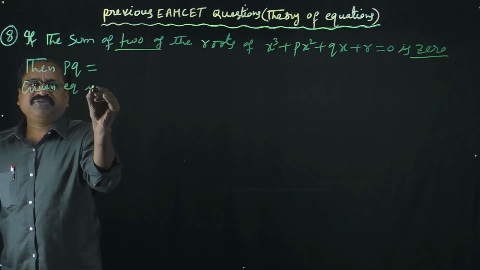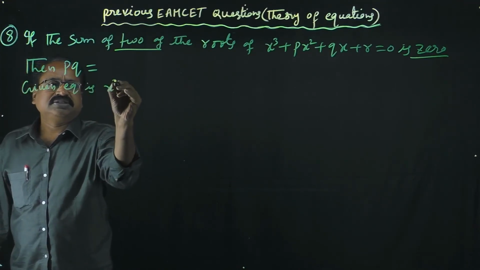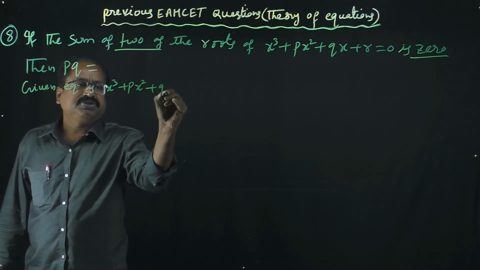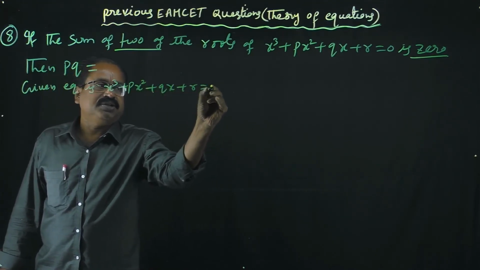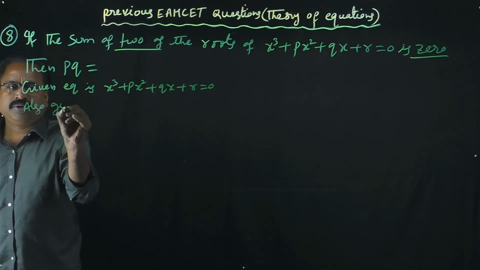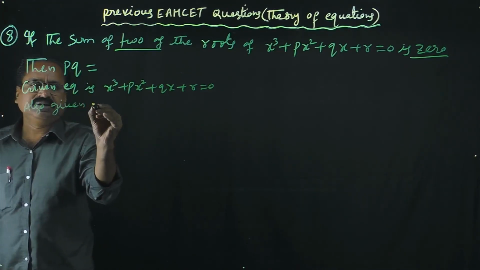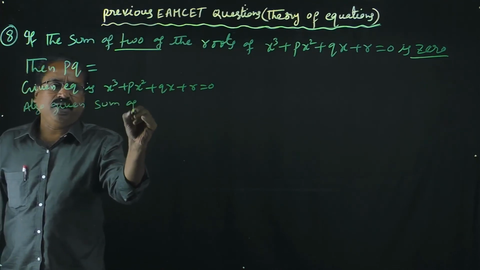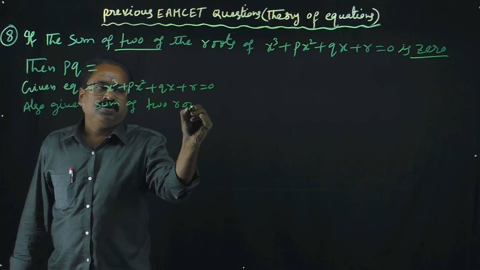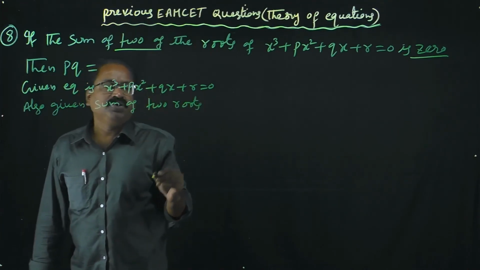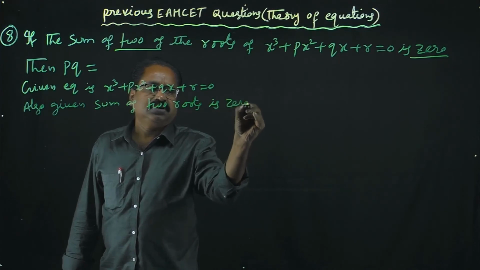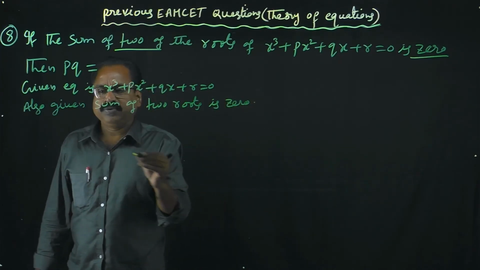Given equation is x cube plus px square plus qx plus r is equal to 0, and the sum of two roots is 0.